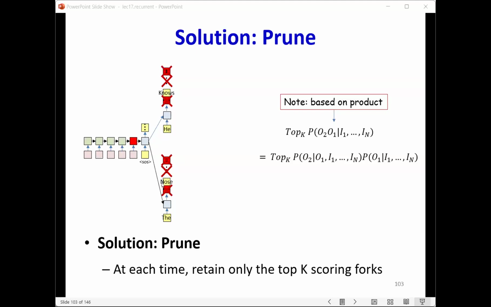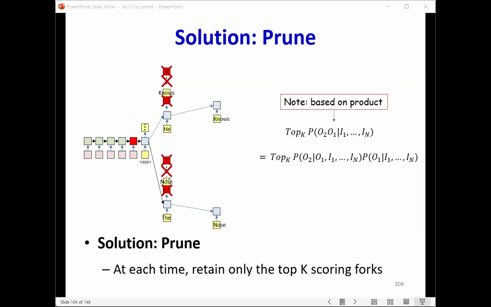And for this one, this would be the probability of nose given the entire input sequence in the word B, times the probability of D given the input. So I'm multiplying all the probabilities down the path to each one of these, and then picking the 2 most likely. And those are the only ones that would stay.